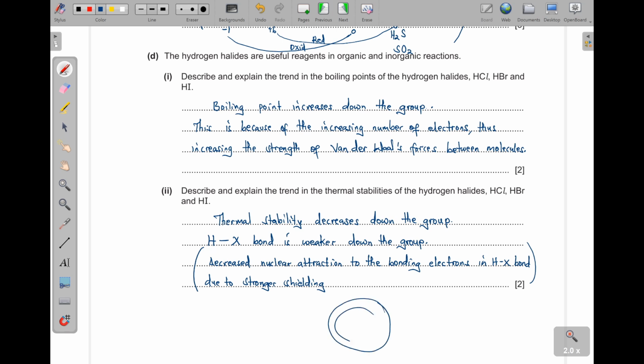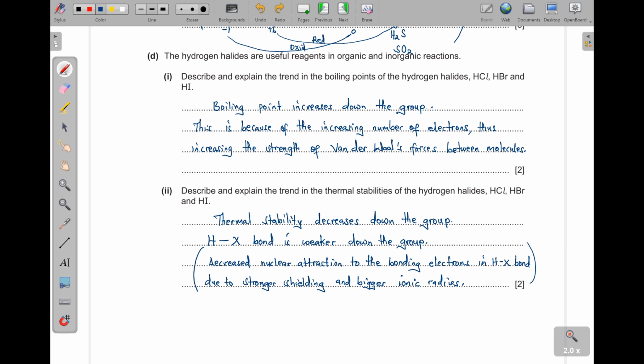Remember, you are adding shells and shells. So that stronger shielding of these electrons by these inner electrons pushes these electrons far away, and then the attraction becomes very weak. So because of the stronger shielding and bigger ionic radius. So that is that. These are the ones which contribute to the weakness of that bond.